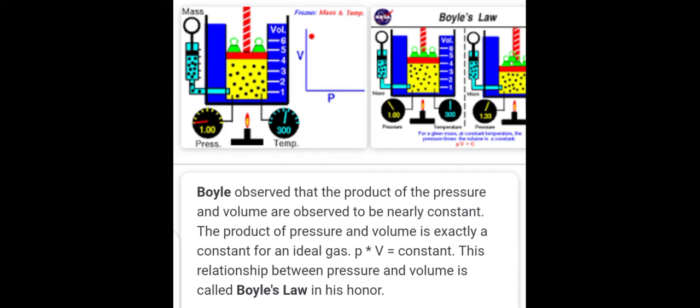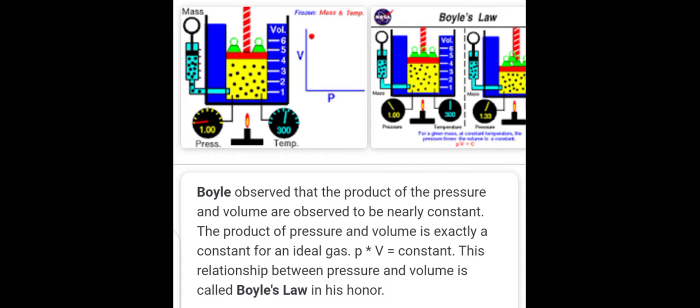In this diagram, the first one having pressure and volume, but when the pressure increased, then the volume, the yellow portion, will be decreased. This is the volume, and green at the top of yellow portion are the pressure.